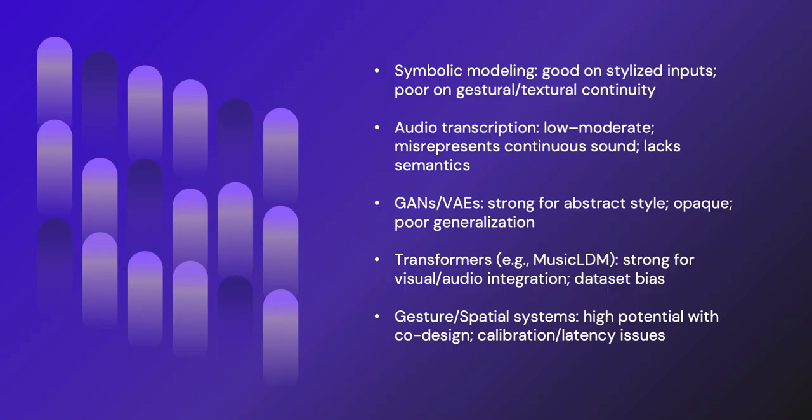Finally, gesture and spatial systems shine when you co-design with performers. They enable expressive mapping and real-time feedback, but they are sensitive to calibration, latency, and the ambiguity of what a gesture means. The pattern here is clear. Each technique offers value, but each needs constraints and human oversight.